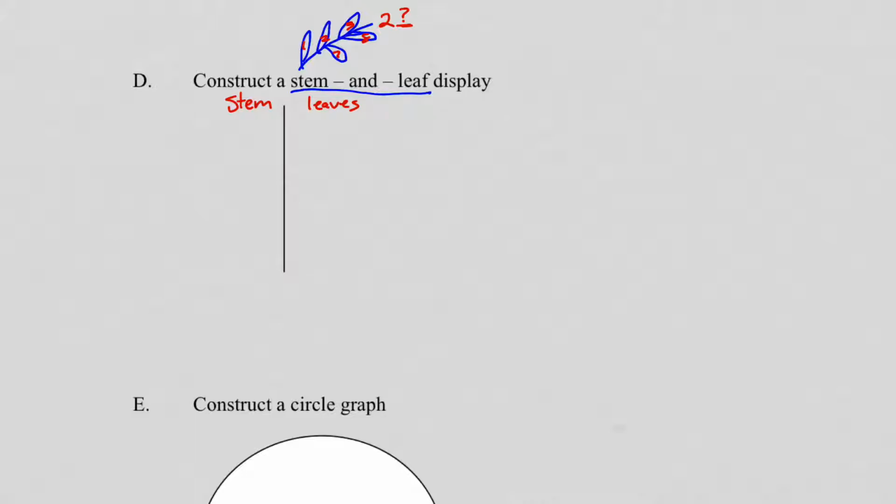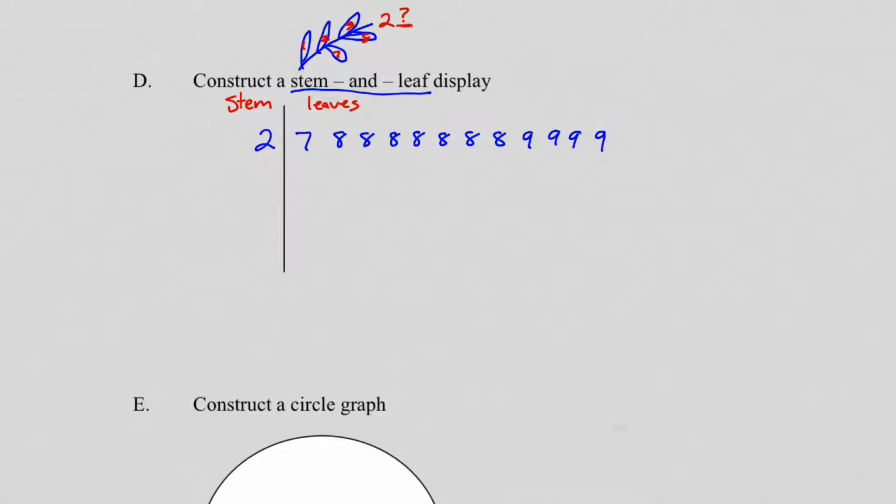So, for example, 27 occurs once. So the stem is 2, the leaf is 7, and then we have a bunch of 28s. So instead of writing 28, we're just going to write 8 7 times. 3, 4, 5, 6, 7. And we have 4 29s, which is 4 9s.